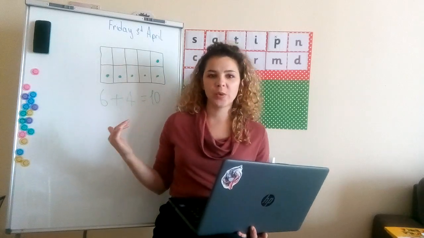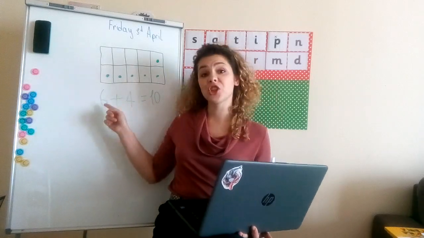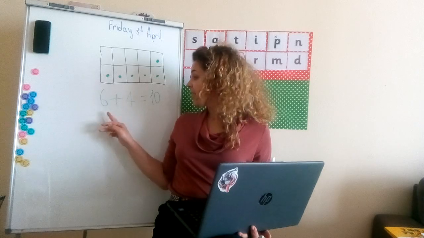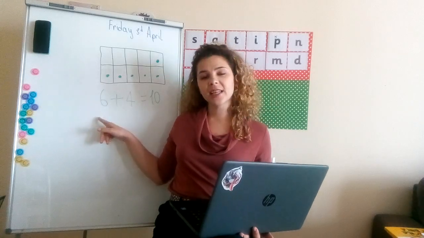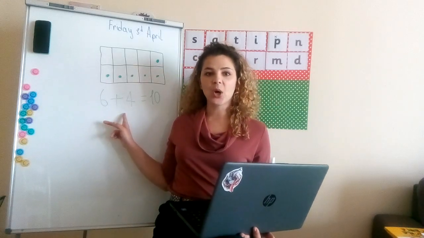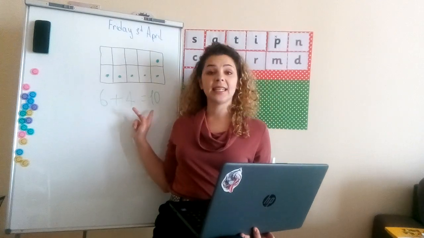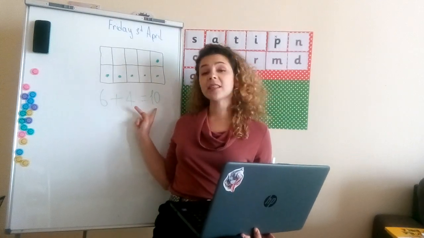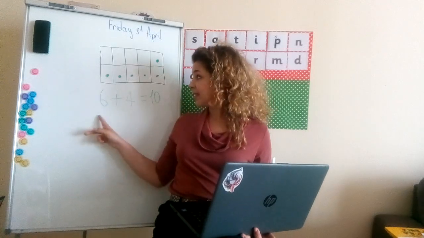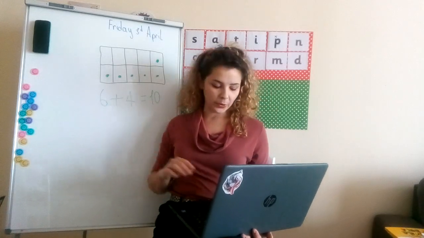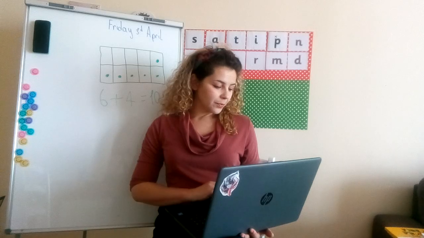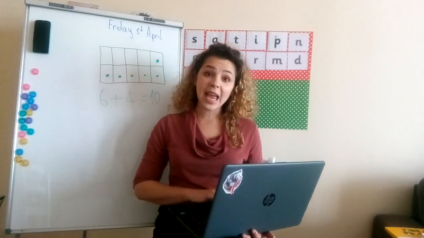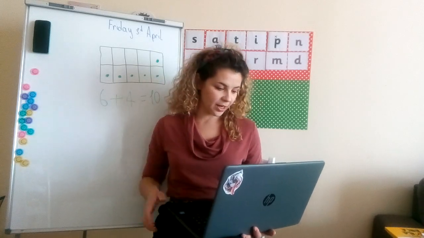Because we mentioned already a few times, when you have addition, when you have a plus, it doesn't matter which number is first and which number comes second. Okay? The result is the same when we're talking about addition. So 6 plus 4 is 10, but also 4 plus 6 would be 10. Okay? So pay attention how the pairs don't repeat here.